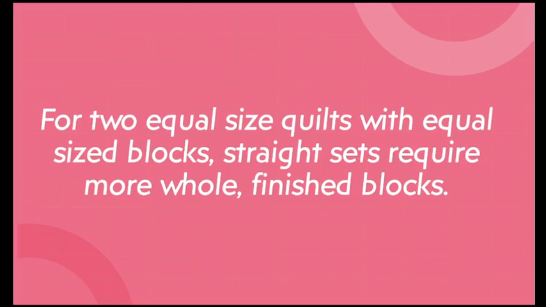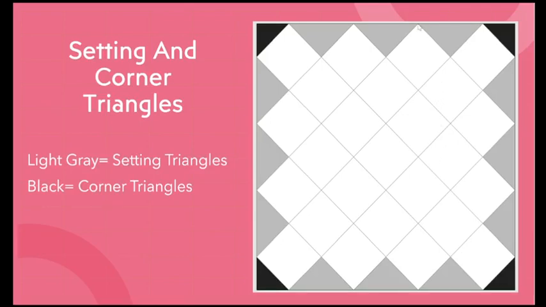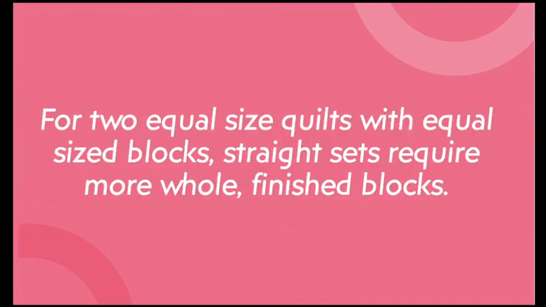If you think about it, a square in a straight set is 12 inches across, but on-point quilts are measured on the diagonal, so the distance between corner to corner is much greater in a 12-inch block than it is straight across. So yes, on-point quilts are a little bit, I hate to say challenging, but they don't require as many finished blocks as a straight set quilt would.